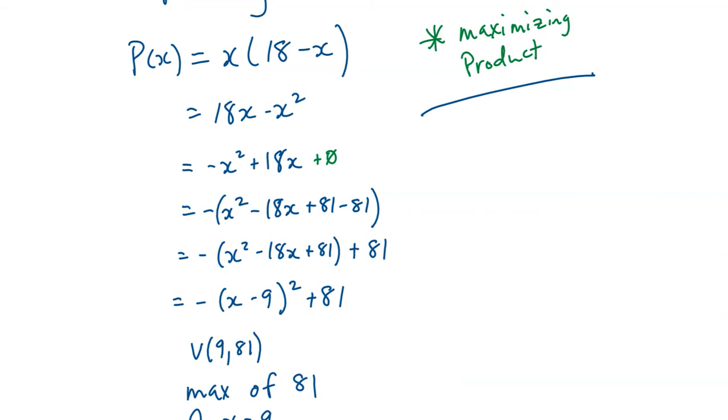So 81 is the maximum product, and it happens when x is 9. X is one of our numbers, so the product happens when one of our numbers is 9. Does that make sense?